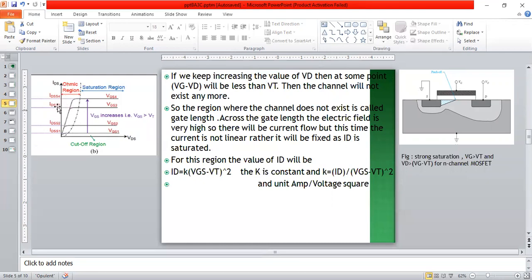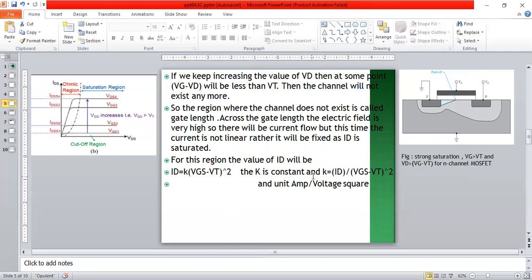So this is the linear region for smaller values of VDS. Then the pinch off point is where Vg minus Vd equals Vt. After the pinch off point, if we increase the value of Vd, then the current will not be linear; rather, it will be saturated. So for this region, Id equals K multiplied by Vgs minus Vt, whole square.